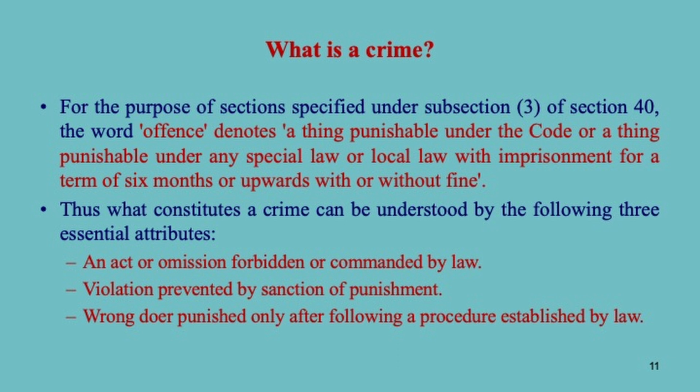And 3. the wrongdoer is punished only after following a special procedure prescribed by law. That is, the guilt of the accused is determined after the accusation against him is investigated and he is tried by proceedings of a special kind according to the provisions of law.